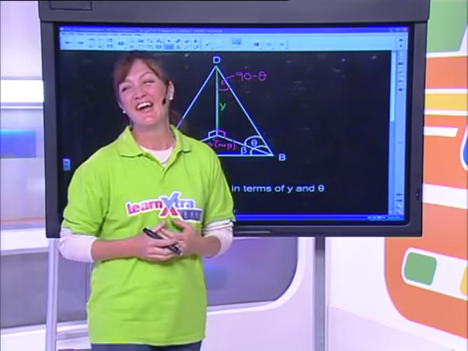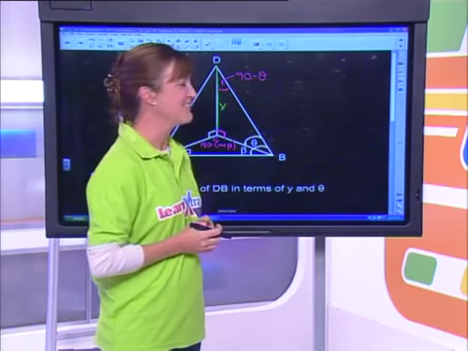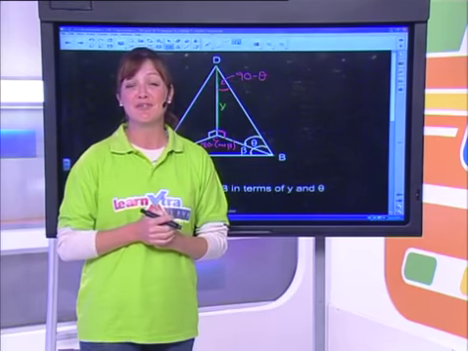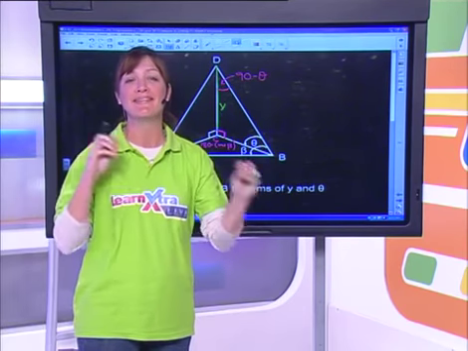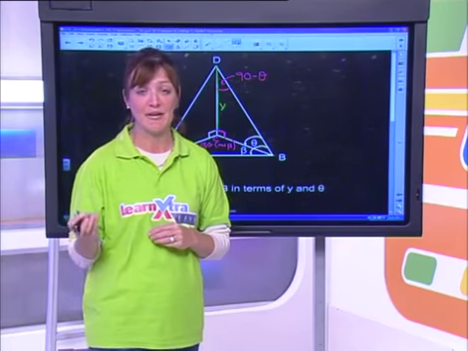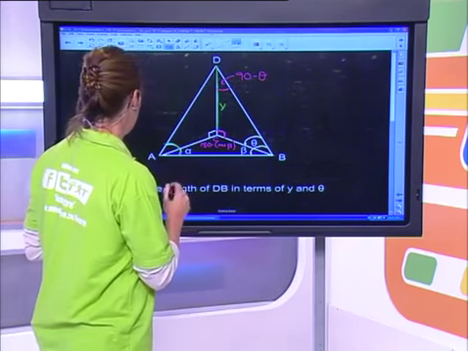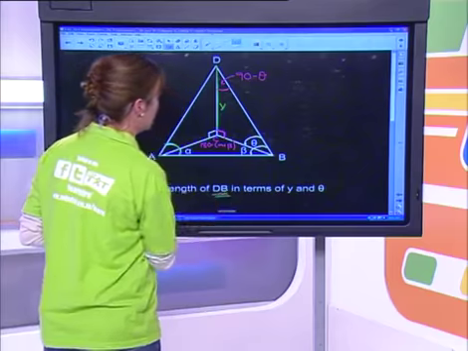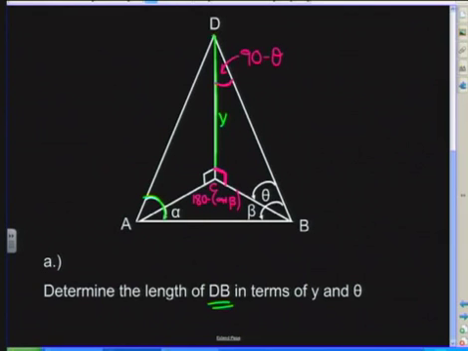All right, well, let's keep going with this one over here. We finished off before the break by just finding missing angles, which I suggest is a very good way of starting questions like this. Now that we've done that, let's see what they actually want of us. They want us to determine the length from D to B, and they want us to do it in terms of y and theta. You'll obviously notice in this question there are now no numbers.